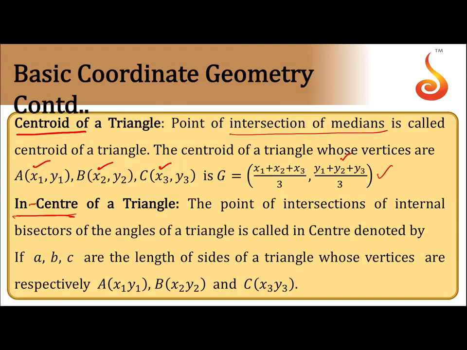And what is meant by incenter of the triangle? Incenter is the point of intersection of the internal angle bisectors of the triangle. The three internal angle bisectors meet at one point, and that is called the incenter of the triangle.